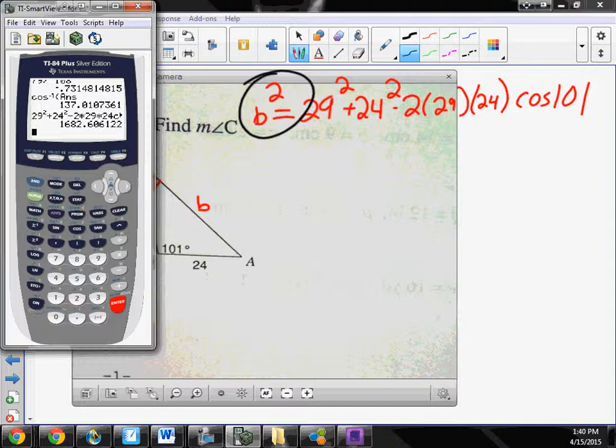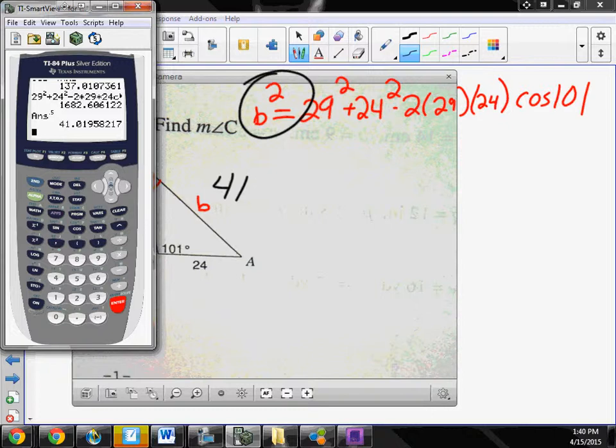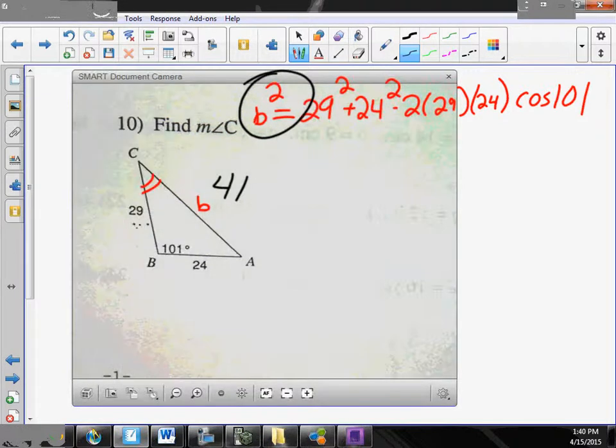That's b squared. So now I must take the square root, also known as raise it to the 0.5. So 41. Now, before I finish, does that number seem reasonable? Well, the short side is 24, the middle side is 29, and the long side is 41.